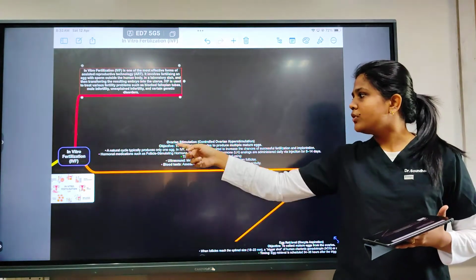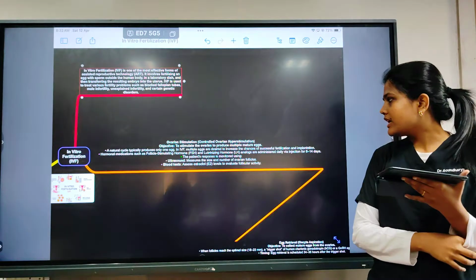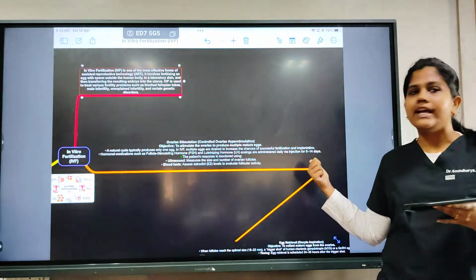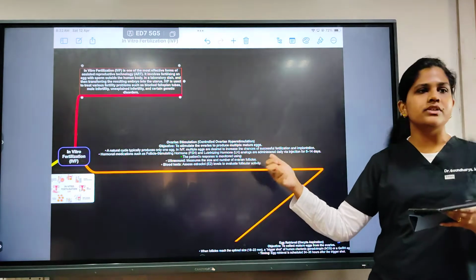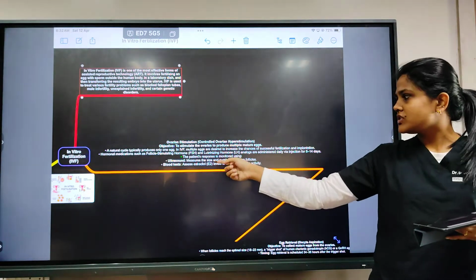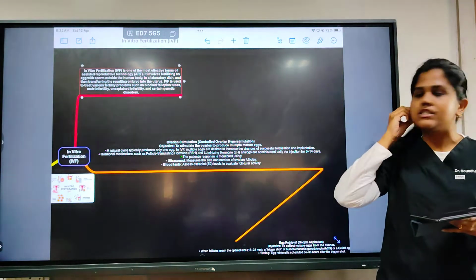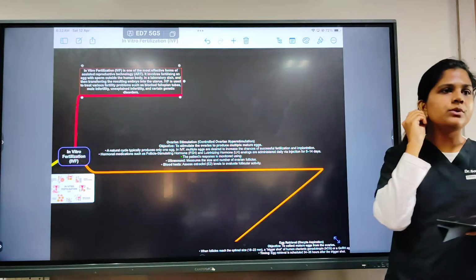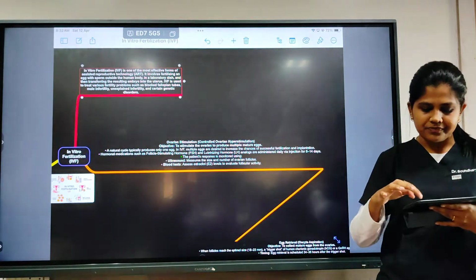We give hormonal medications such as follicle stimulating hormone and LH, which are administered daily via injection for 8 to 14 days. Then the patient's response is monitored. We usually do ultrasound and blood tests. Ultrasound measures the size and number of ovarian follicles, and the blood test assesses the estradiol (E2) level to evaluate the follicular activity taking place there.